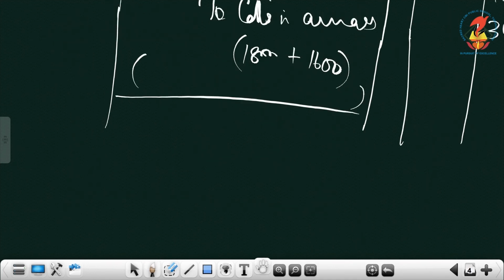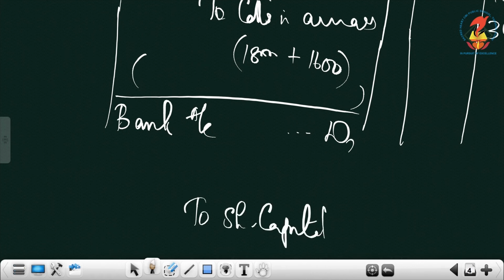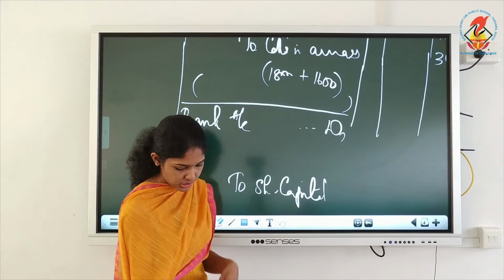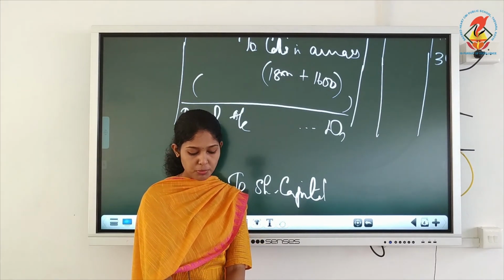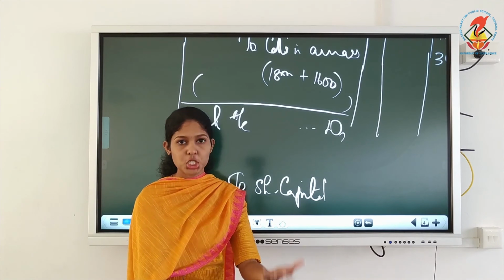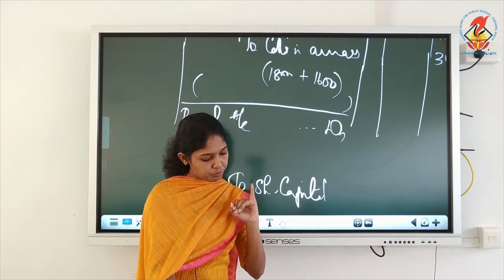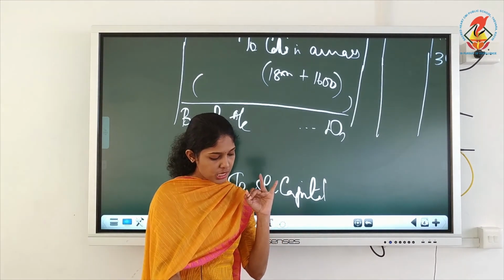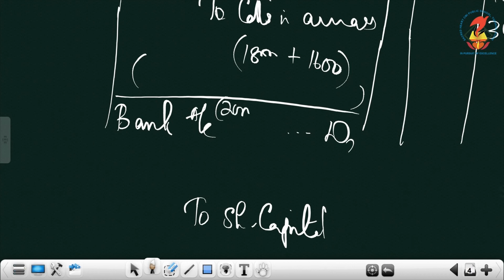Now we will write the reissue entry, that is bank account debtor, leave one line and write to share capital. How many shares is the company reissuing? I think all shares are being reissued, isn't it? Yes, all shares of Rishabh and Sudha were reissued. So altogether how many shares? Rishabh is holding 1200 shares, Sudha holding 800 shares. So 2000 shares being reissued.